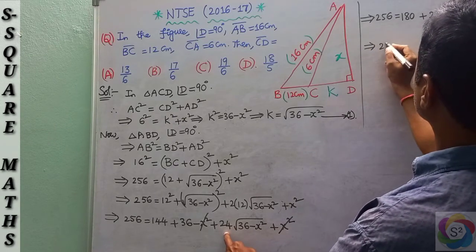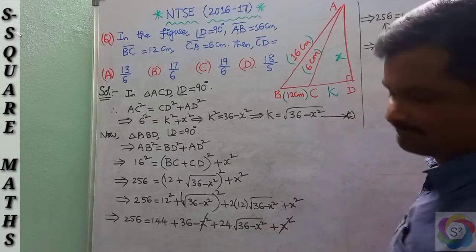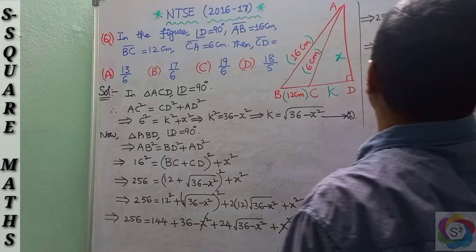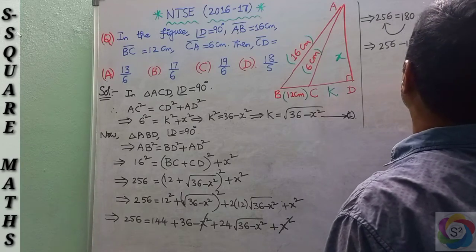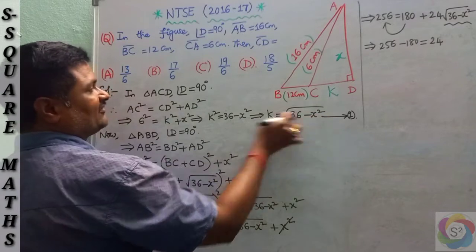So 256 minus 180, shifting to this side, is equal to 24 into root of 36 minus X square, which is our K.